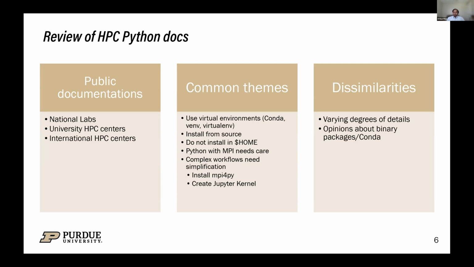And some sites do that pretty well. I have seen CSCS, the Swiss national site, has a script for creating Jupyter kernels or creating environments that allow you to use it in a Jupyter environment. And we do the same thing at Purdue as well.